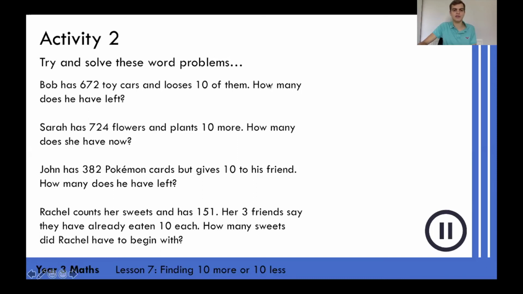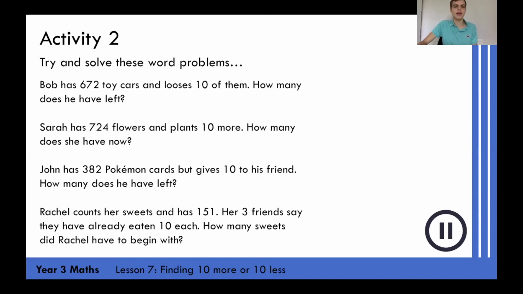How many does he have left? So if he's lost 10 of them, are we finding 10 more or are we finding 10 less? Yeah, you're right, we're finding 10 less because 10 of them have been taken away. 10 of them have disappeared. So you need to find 10 less than 672. Well done. Pause the video now and have a go at all of those, and then we'll go through all the answers together.